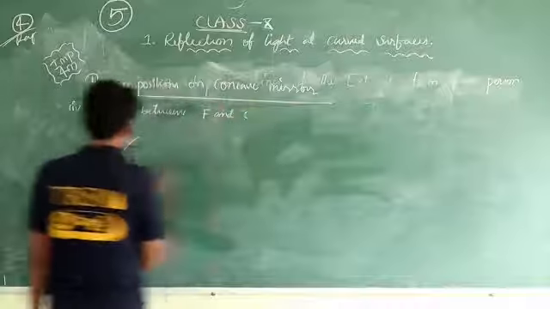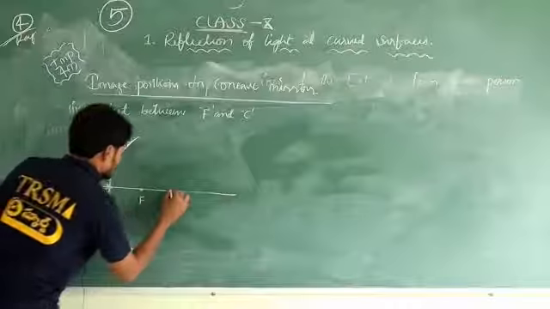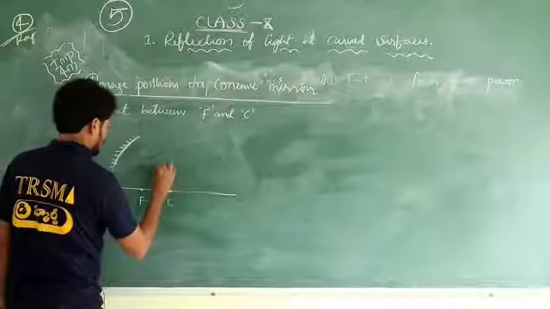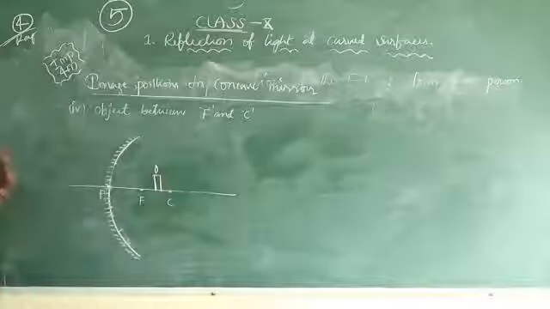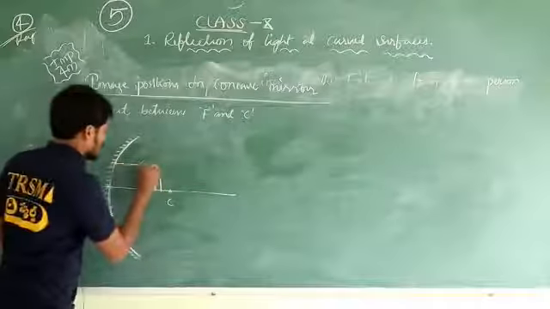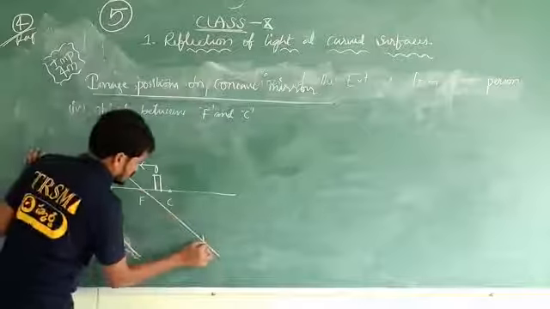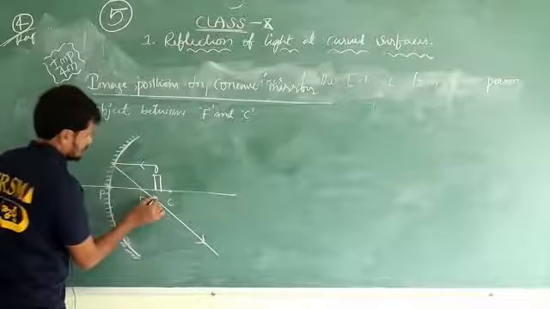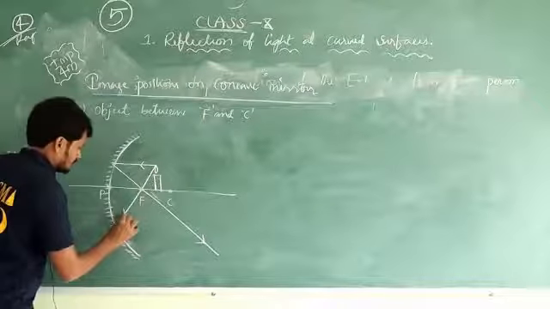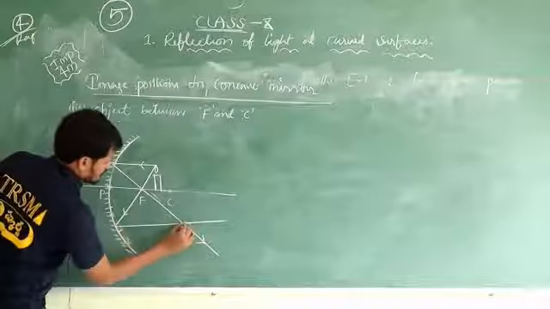The next position is between F and C. Now I am placing the object here. Same, take any two rays. The first ray is parallel to the principal axis and passes from the focus. And the second ray I am considering from F. It passes from F, and the reflection is parallel to the principal axis.